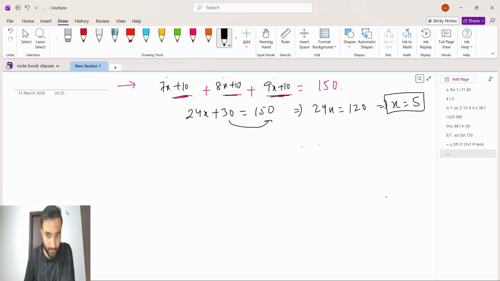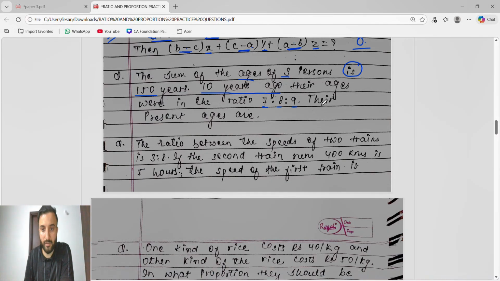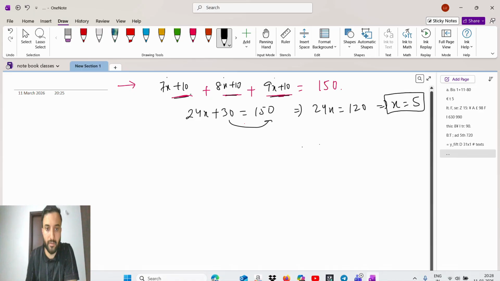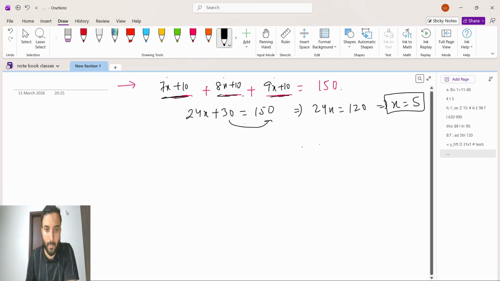X is 5. What did they ask? They asked for the present age. 10 years ago their ages were 7x, 8x, 9x, so for present we'll add the 10 years. So 7x plus 10, 8x plus 10, 9x plus 10 are their present ages.